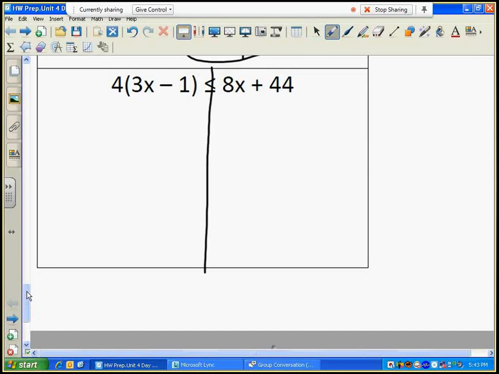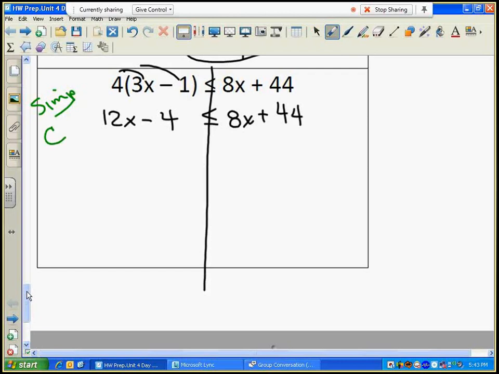Okay, let's see how we did. I'm going to have to simplify. Okay. Then I'm going to have to collect, because I have variables on both sides. I'm going to go ahead and subtract 8x from both sides. It gives me a positive coefficient. And then later on, I'm not going to have to worry about flipping the inequality.